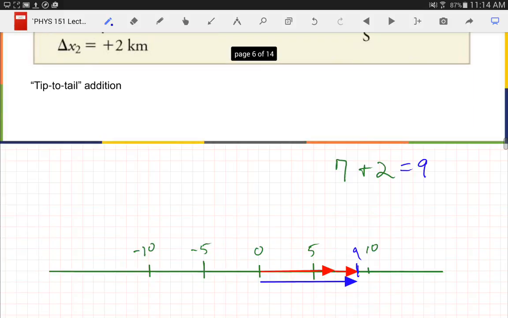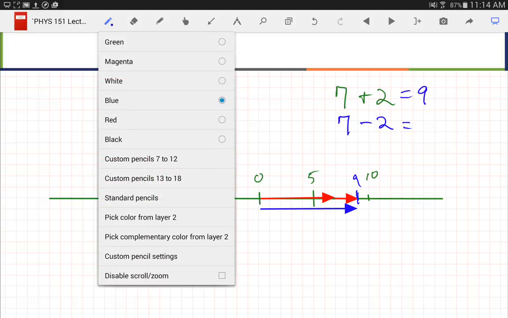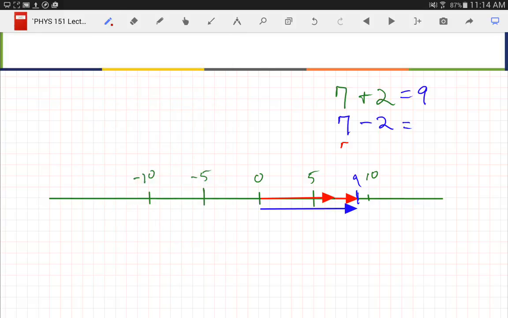Well, the way my teachers taught me to subtract was to add a negative number. So if I was supposed to do 7 minus 2, my teacher would have me change that to 7 plus parenthesis minus 2. So I'm just going to add a negative number. And that's how you do it with vectors.